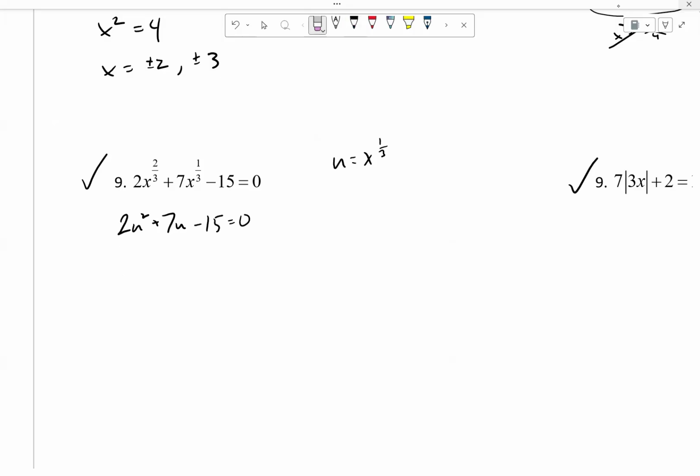Oh, just give me the end result of the factoring. 2u minus 3 times u plus 5. Then I substituted the x to the 1/3 back in for u. So I had 2x to the 1/3 minus 3 equals 0, and x to the 1/3 plus 5 equals 0. Nice. And then you got x equals 27 over 2, and x equals -5.